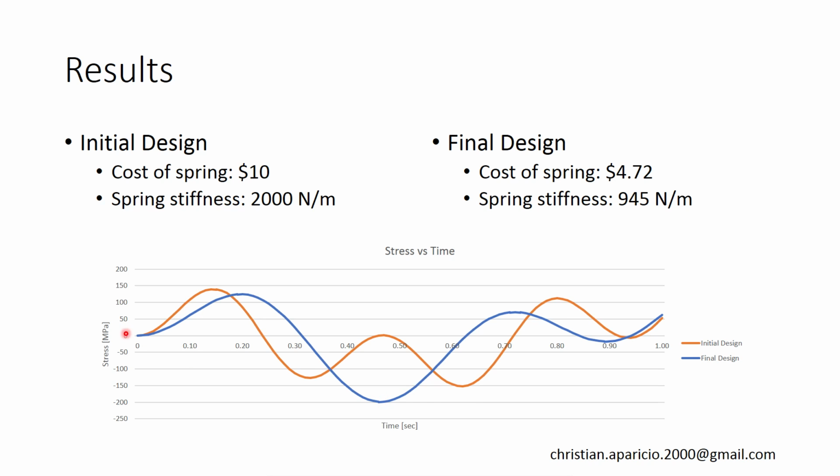After I corrected that, we arrive at this new final design in blue. You can see that the stress in the spring is now lower at 0.45 seconds, give or take. It's now at negative 200 megapascals, and my new spring stiffness is 945 newtons per meter.